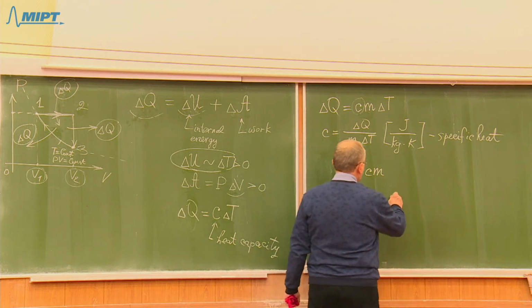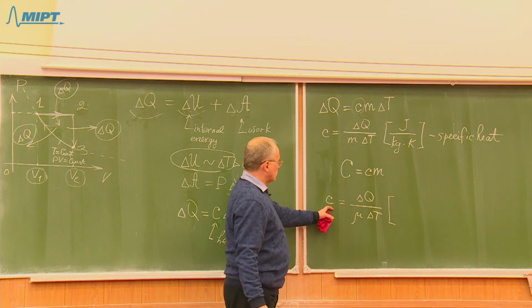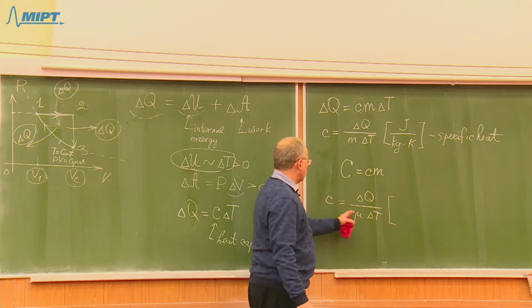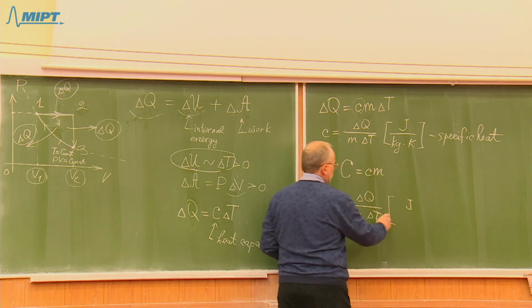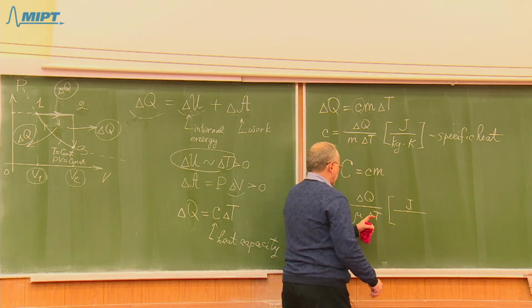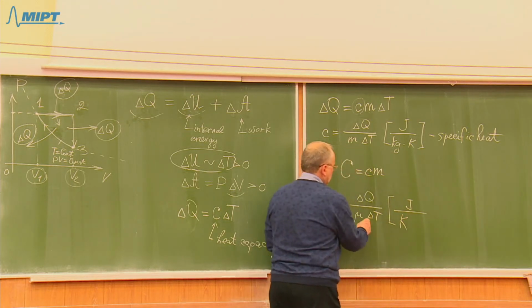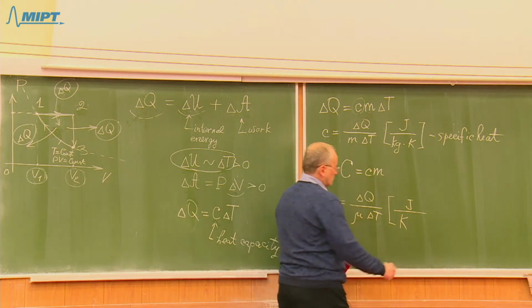So this coefficient is also specific heat, but it refers to 1 mole. And its units of measurement will be joules to measure the heat energy, as any energy is measured in joules, and then Kelvin to measure the change in temperature, and 1 mole.